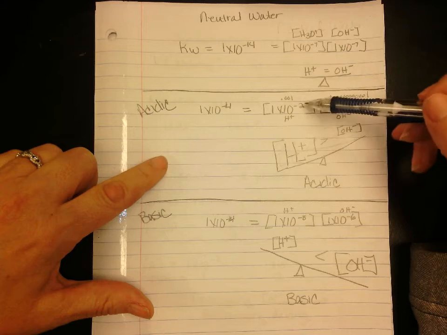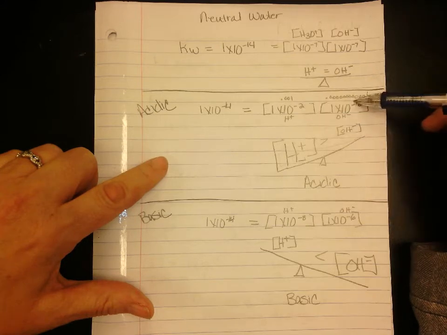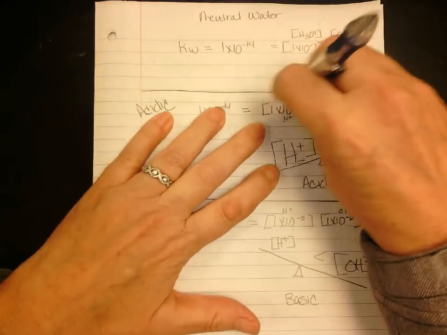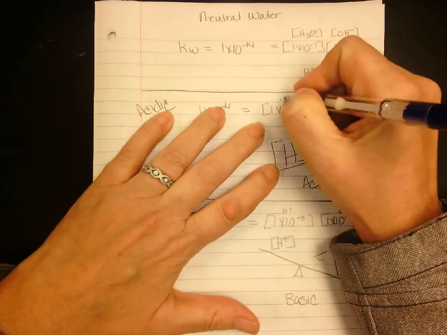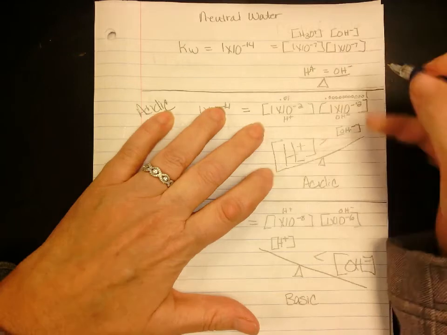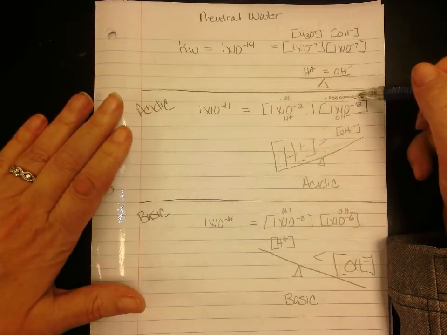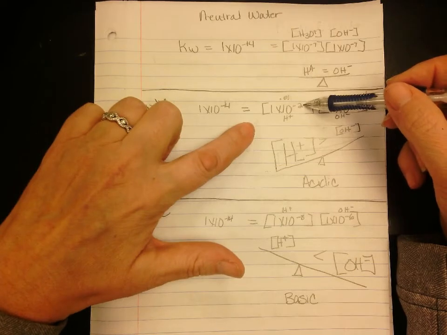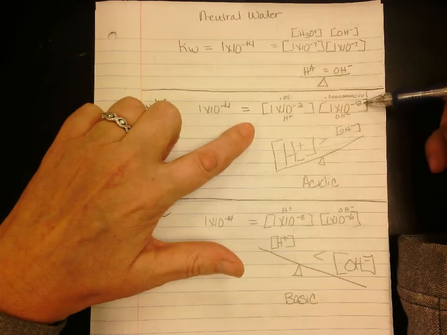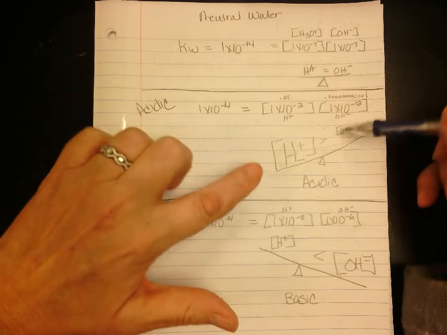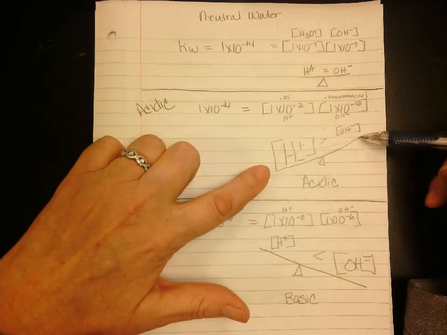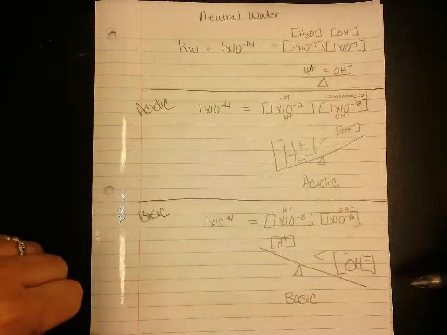Now, when we have negative exponents, this is 0.01, and this is 0.000001. You can see that this negative 2 is a much larger number than a negative 12 exponent, and so our H pluses are greater in solution, which makes it an acidic solution.